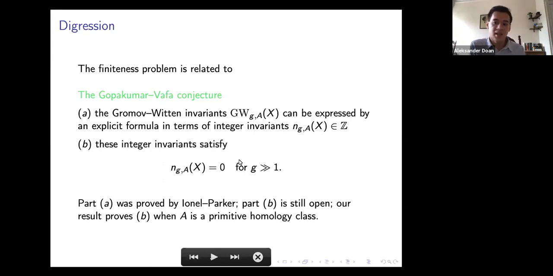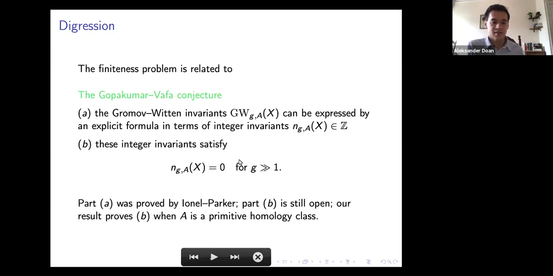So it's something like these invariants want to count embedded curves, and they want to tell you that there cannot be curves of arbitrarily high genus. That's essentially what this conjecture says. And the first part was proved by Aaron Pixton, but the second part is still open.